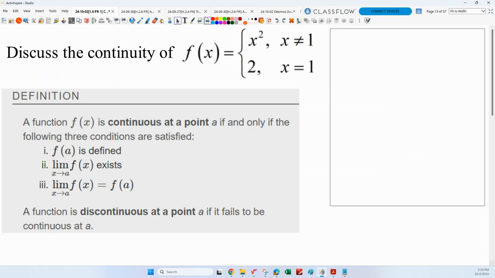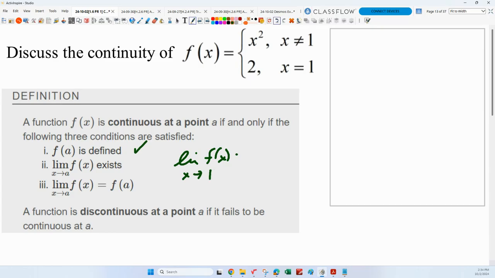How about this one? Does it pass 1? It does. Okay. How about test 2? Does the limit exist as x approaches 1? Okay, how would I find that? Let's do that one. So the limit of f of x as x approaches 1, not 2, sorry.